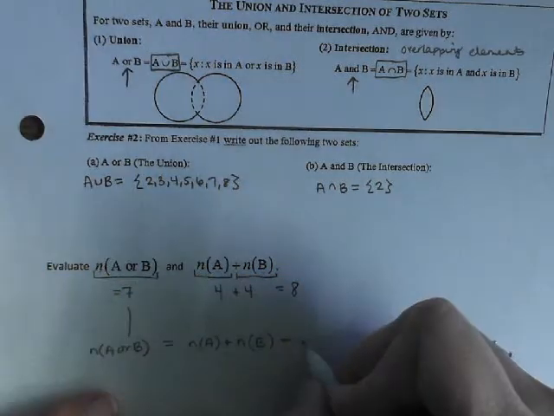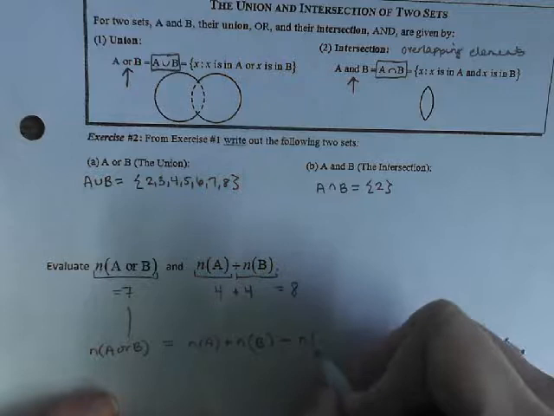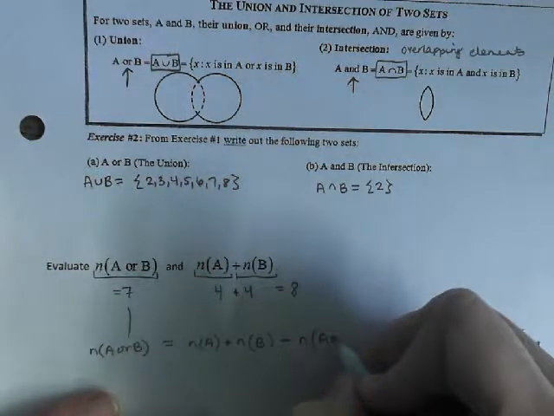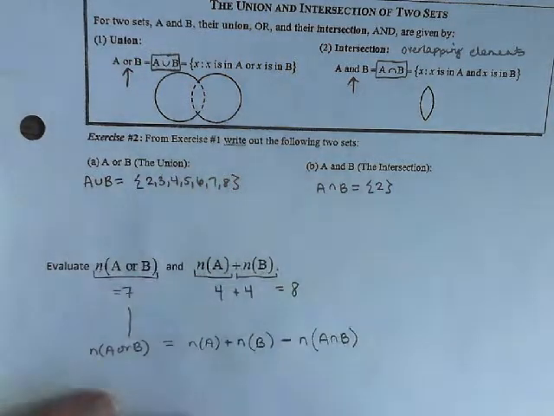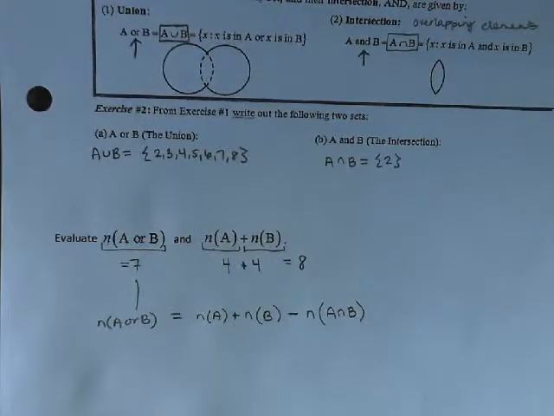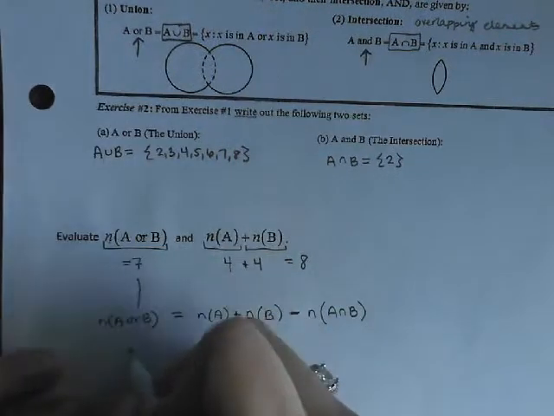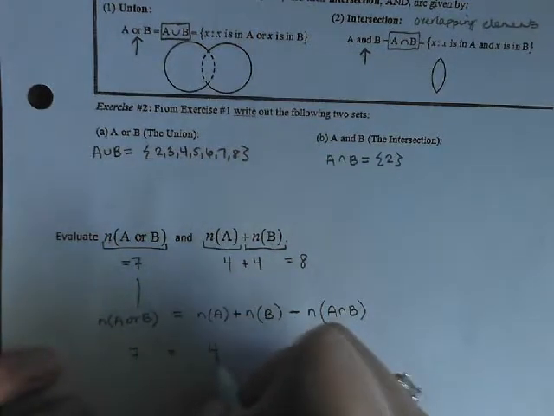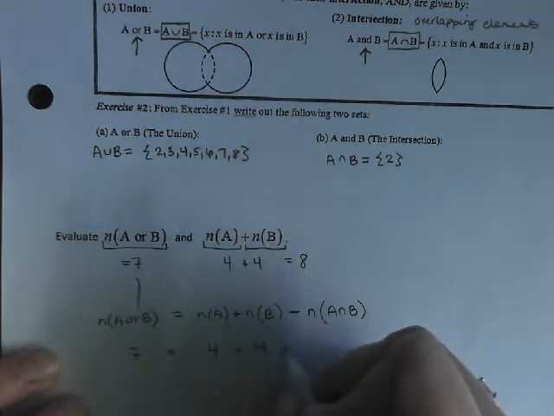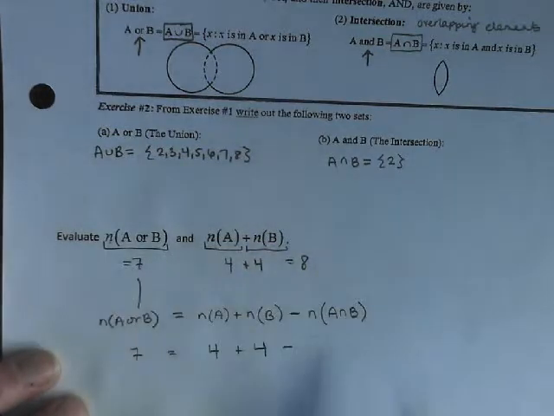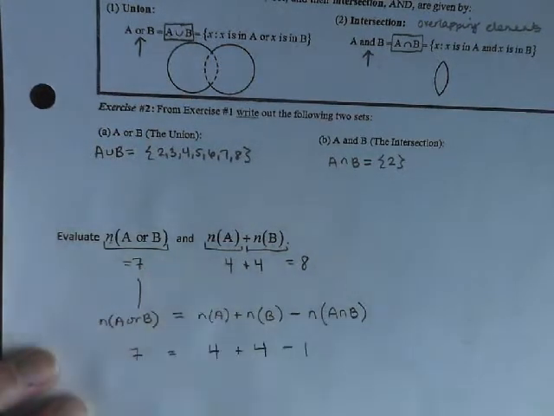So we're going to have to subtract the number of items in the intersection of A and B. So that 7 would equal 4 items in A plus 4 items in B minus that one item that was in both A and B that got double counted.